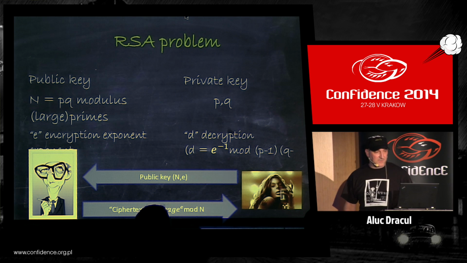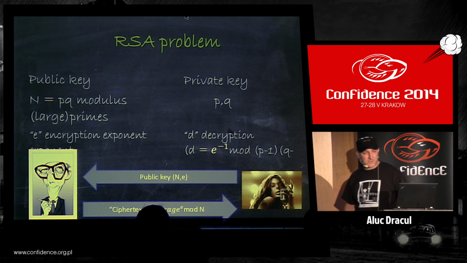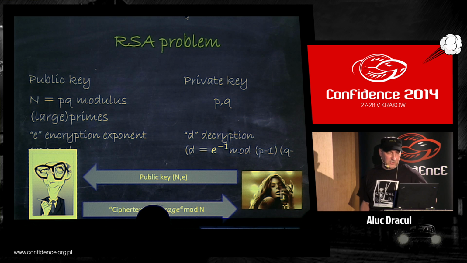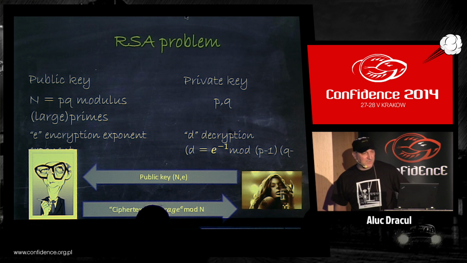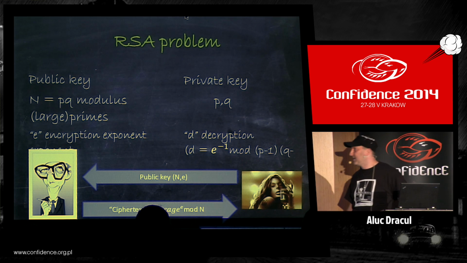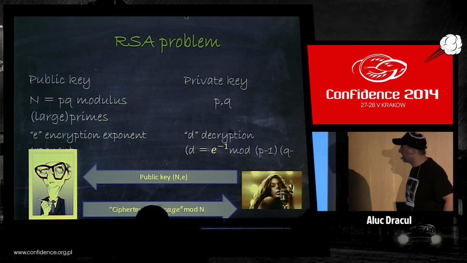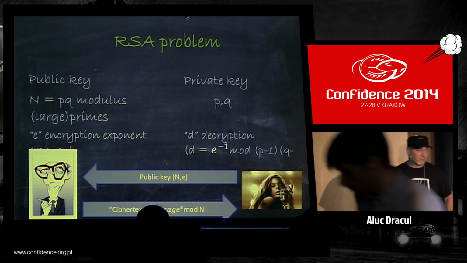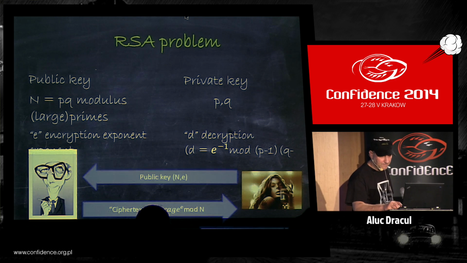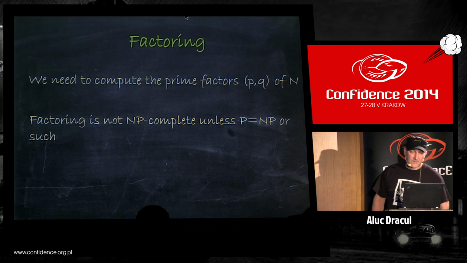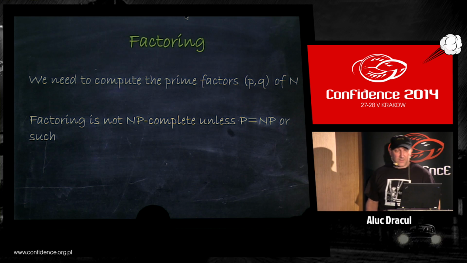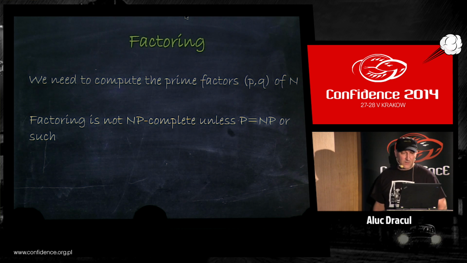Here we send a ciphertext c, which is the message to the power of e mod n. We need the public key n and e, so that we have the exponent we can encrypt with. So we need to compute the prime factors p and q of n.